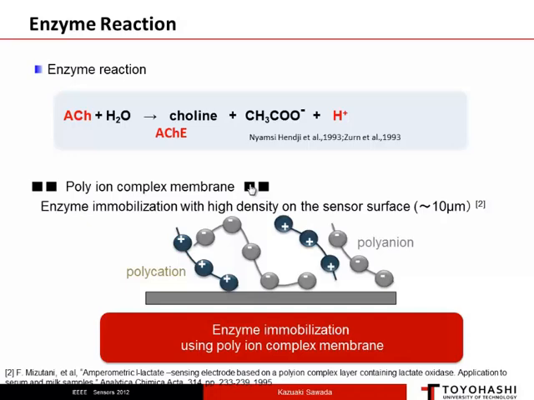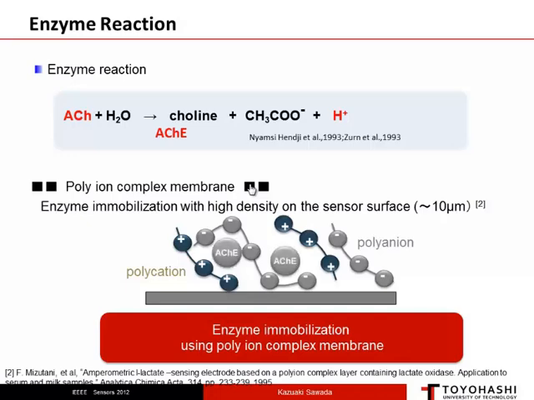If we immobilize acetylcholine esterase on the sensing area, then when acetylcholine comes to the sensing area, these enzyme reactions occur and protons are generated. So our sensor catches a proton, and then we can catch the acetylcholine.